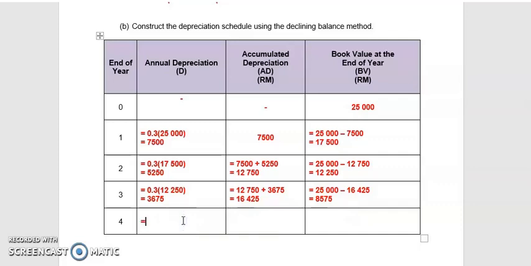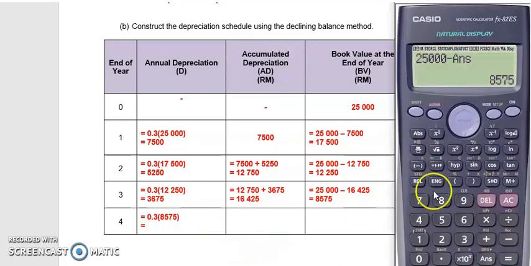In the last year it depreciates another 30% from the previous book value. Multiply by 30% to get 2,572.5.